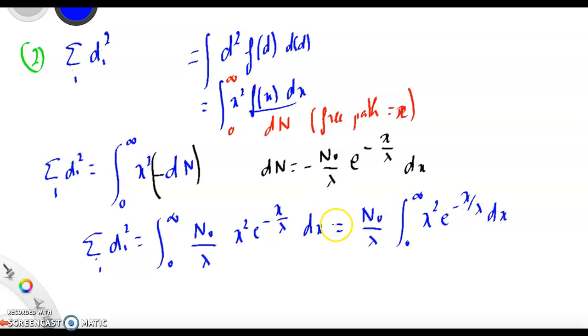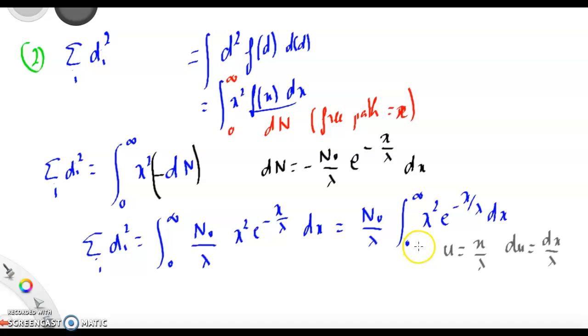Now, if you'd like to convince yourself of what I'm going to do next, you could make a change of variables. You could say u equals x over lambda, and then du equals dx over lambda, and that's going to convert your integral into the integral that's actually calculated in terms of a gamma function.